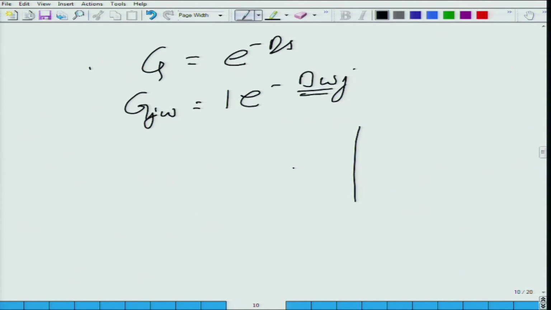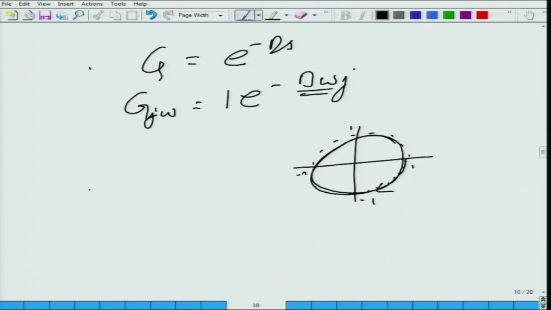So, the magnitude is 1, which means this is the unit circle. This is 1, this is minus 1, this is minus 1, this is plus 1. The angle keeps going more and more negative. So, the Nyquist plot looks like this, you just keep going round and round in circles. It is a circle, of course, my drawing is not so good, forgive me for that.